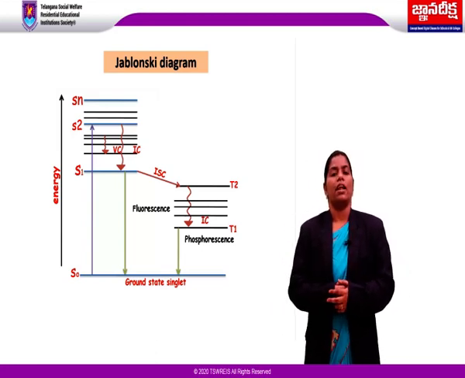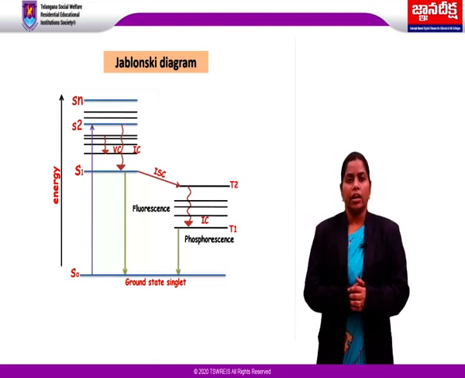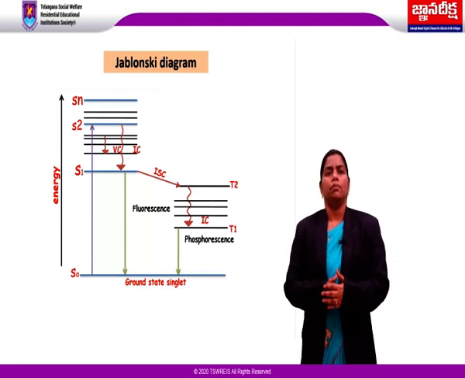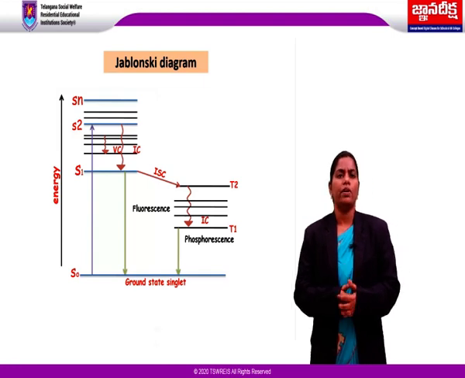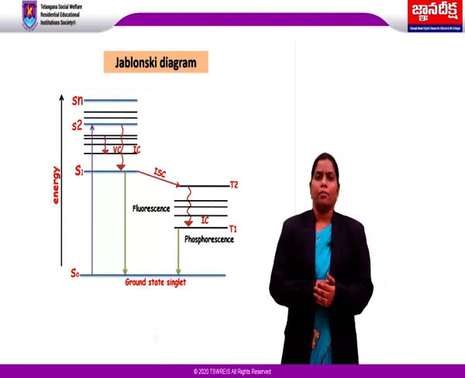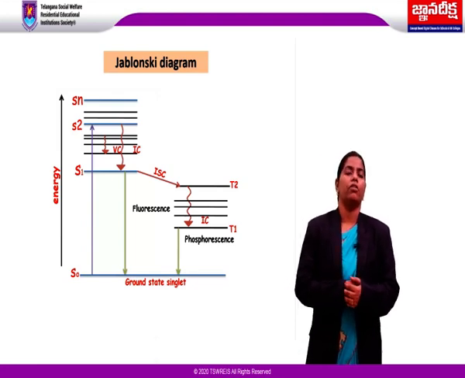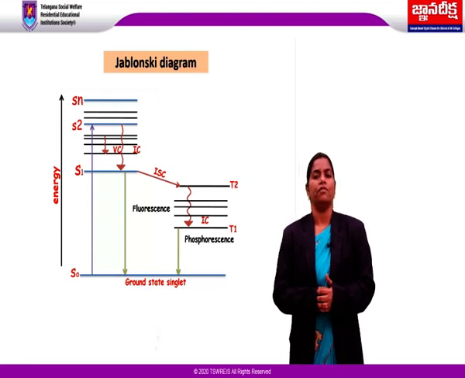This is called vibrational cascade and this is a non-radiative process. Path 2. The molecule will de-excite from the higher singlet state to a lower singlet state by the emission of energy in the form of heat, and this is again a non-radiative process, which is called internal conversion.